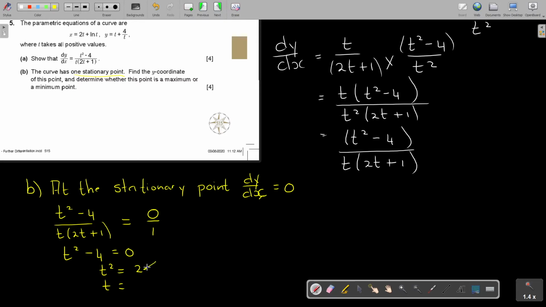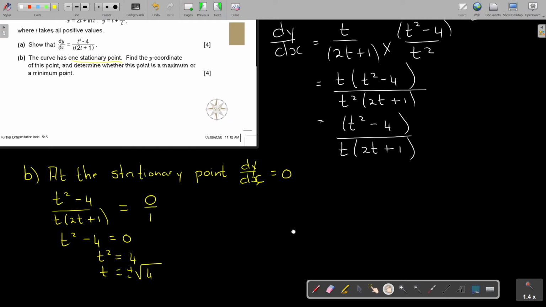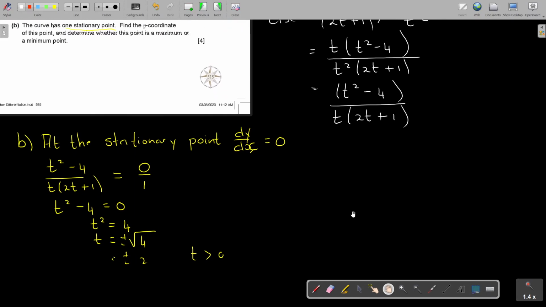The 4 comes over, and then it's plus minus the square root of 4, which is plus minus 2. But here t takes only positive values. So t is bigger than 0, and I always like to write that. Therefore, t is positive 2, or just 2, not the negative option.